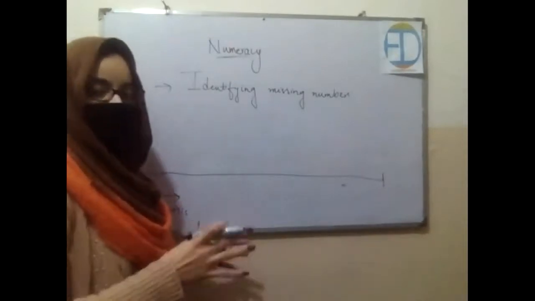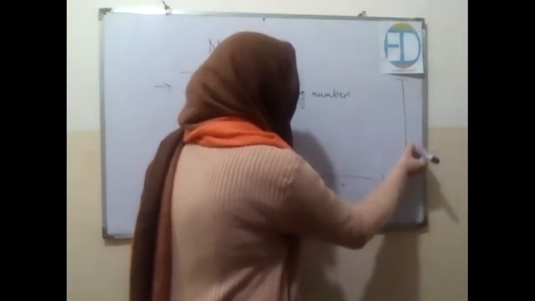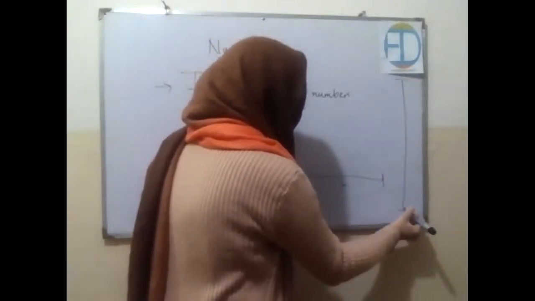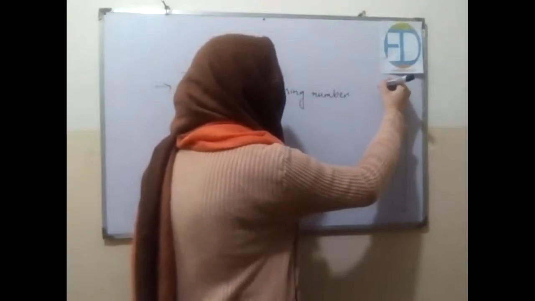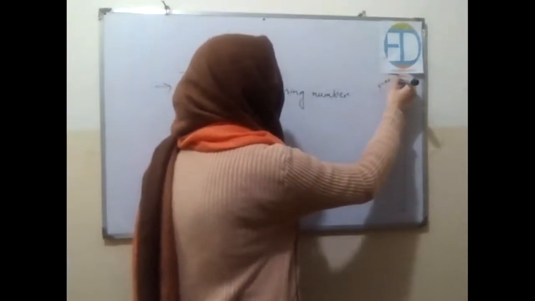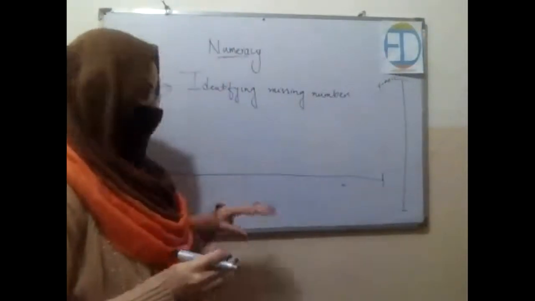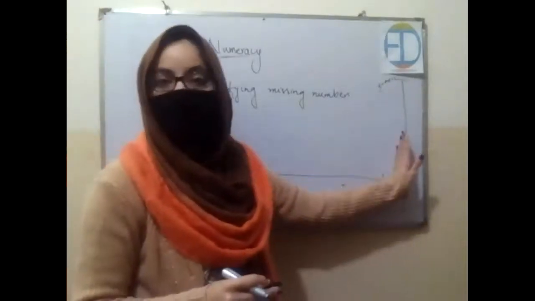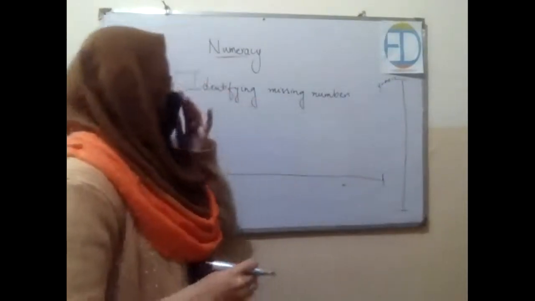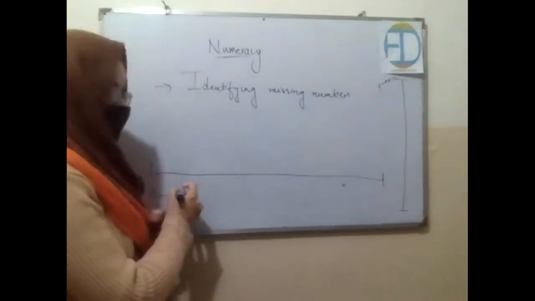Don't go into the details of this, just know that this is the way I'm drawing it. If I draw this in this form, it would be vertical, because it is along the y-axis. There is no need to write that. You just need to remember that this form is known as horizontal and this is known as vertical. Here I'm going to write the numbers. I'll start from zero.